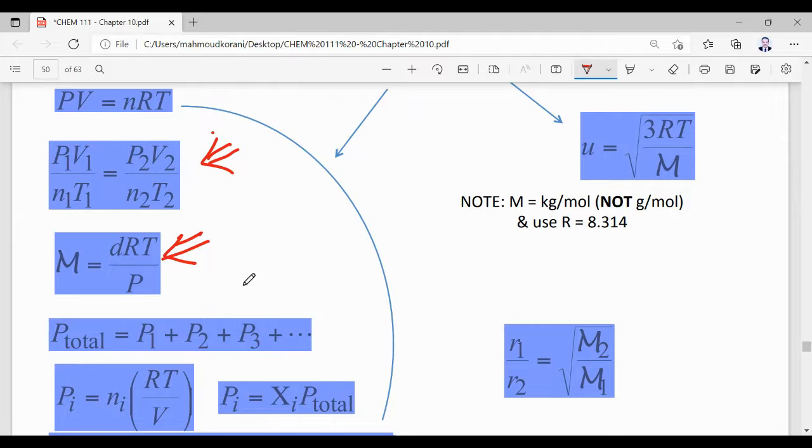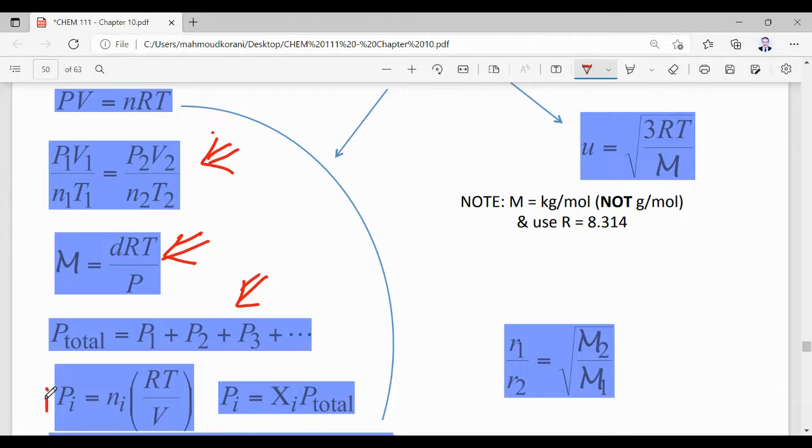And this is Dalton's law, which is that the total pressure of the mixture of gases equals the summation of their partial pressures, P1, P2, where P1 is given by this one.